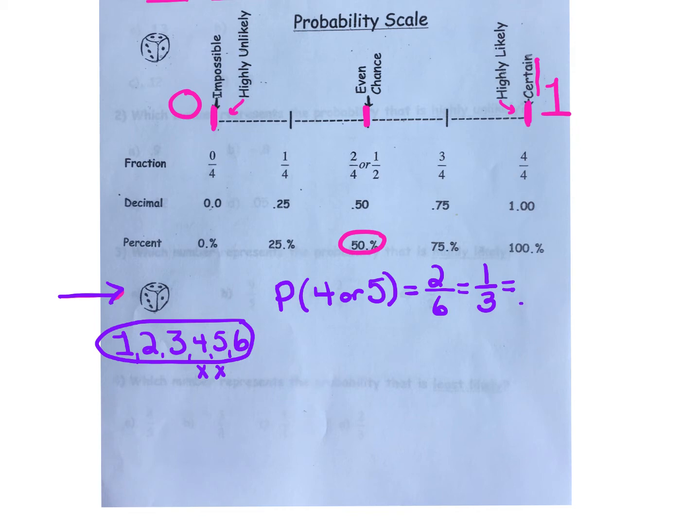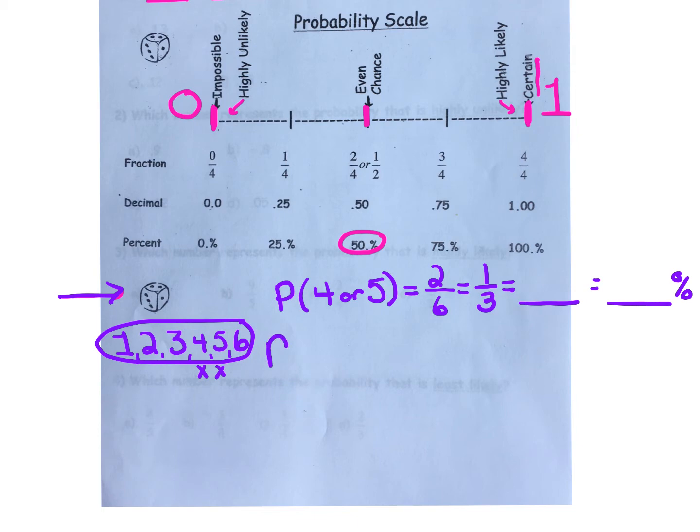You're going to convert that to a decimal and then to a percentage, but you can complete that on your own. We'll correct each of the problems at the end of the video.